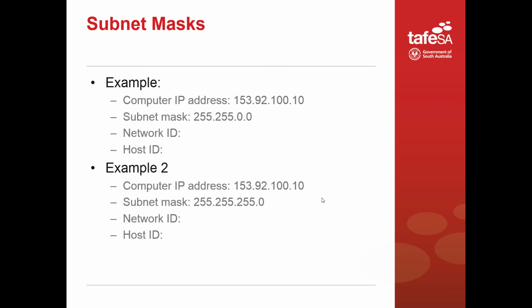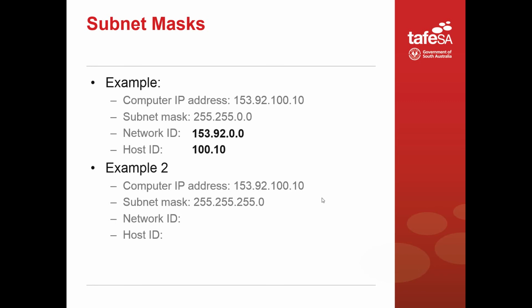So that means for our IP address, the first 2 octets are going to be the network ID. This gives us 153.92.0.0. And likewise, where the zeros are in the subnet mask, that's the last 2 octets, so our host ID will be 100.10.